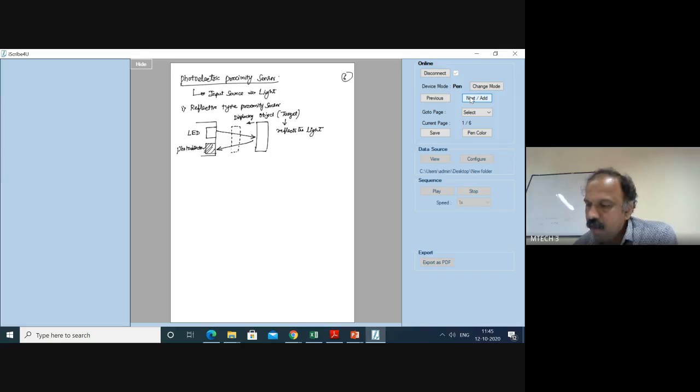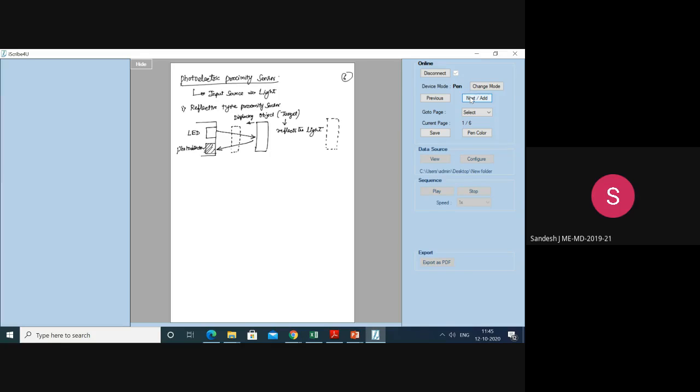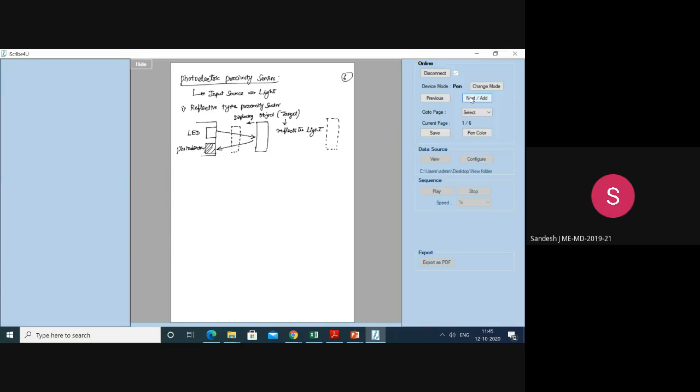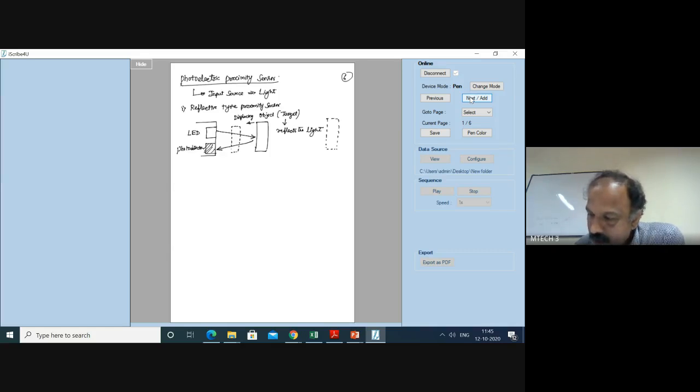Yes, sir. When you displace the object nearer to the sensor, the amount of time taken by the photo detector is small. Similarly, if I move the object here, what is the amount of time taken by the photo detector? More. That means the amount of time taken by the photo detector depends upon the distance of the object in front of the LED.